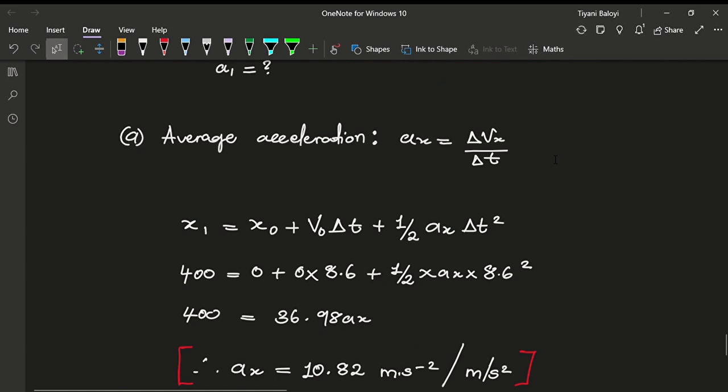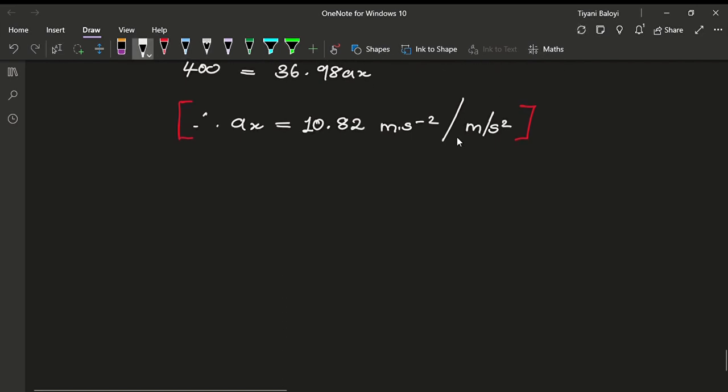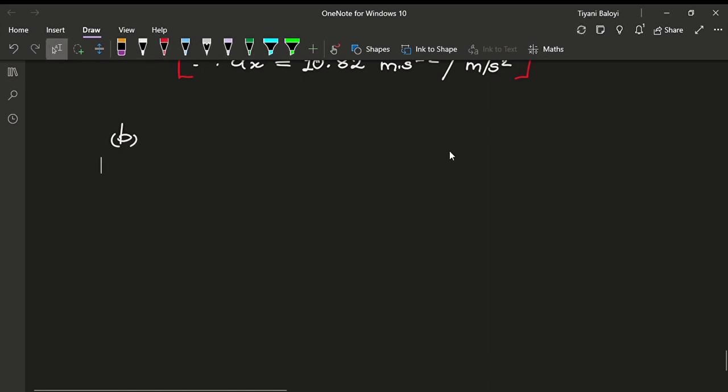So let's go to B. B wants us to calculate the final velocity. What is the final velocity? Final velocity, which is v1. We can just use the formula for average acceleration.